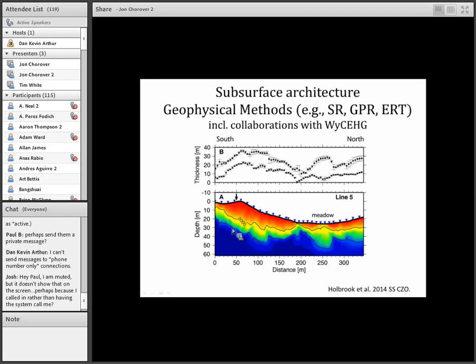So again, this deep critical zone is a common area of interest and is therefore the focus of common measurements across the CZO network.